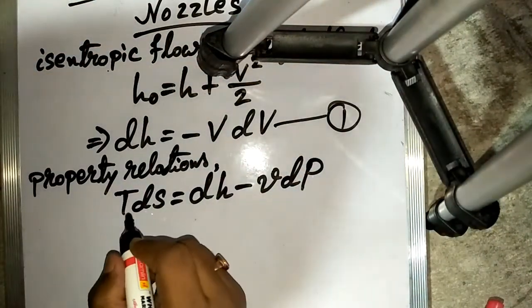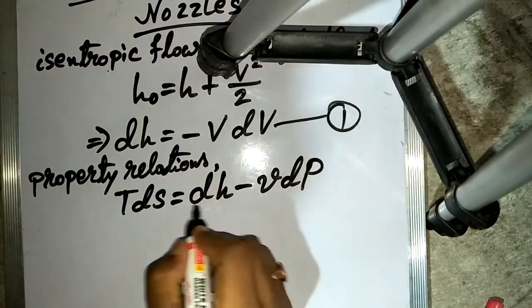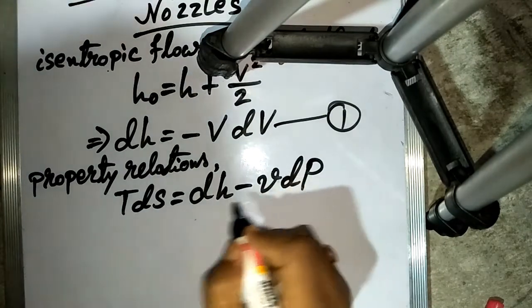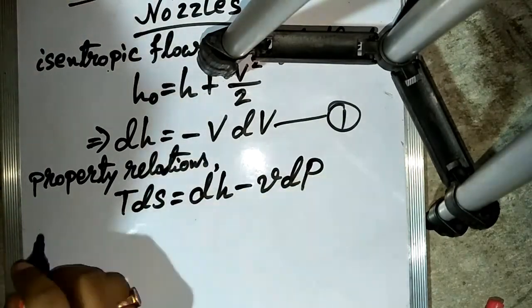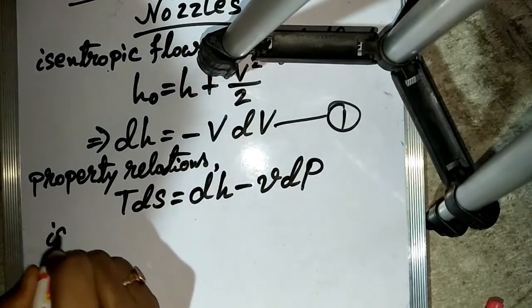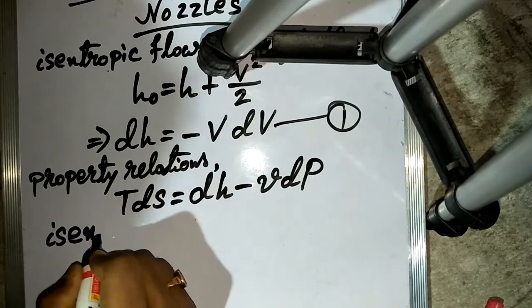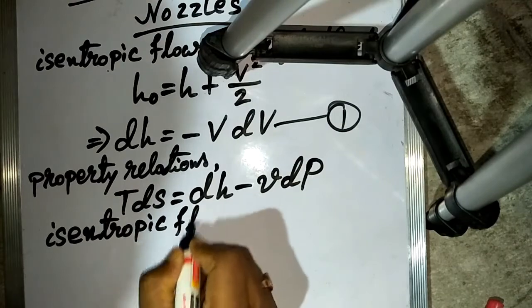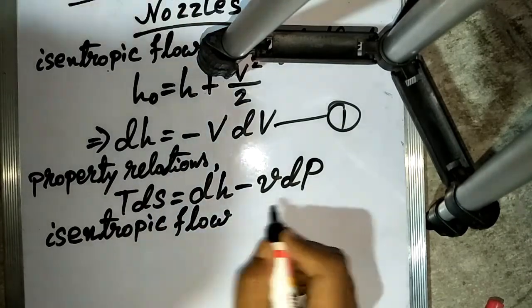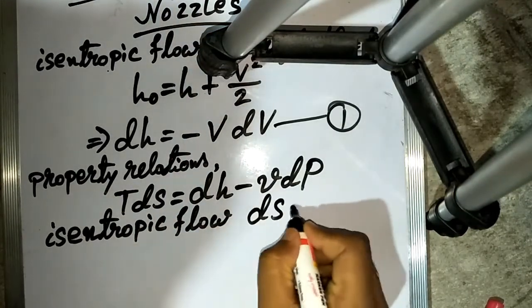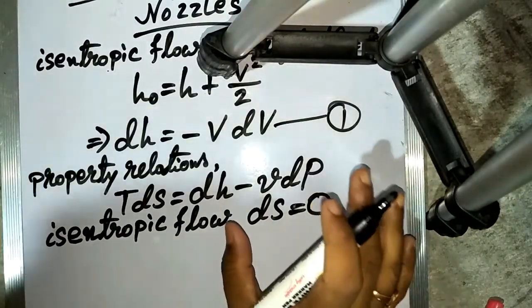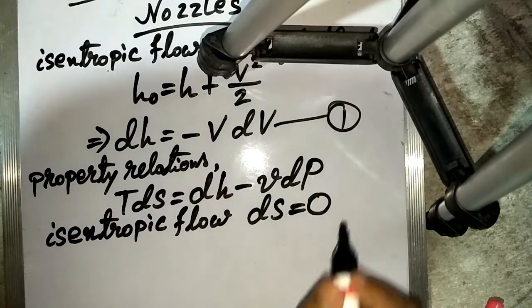In case of isentropic flow, the value of dS is 0.